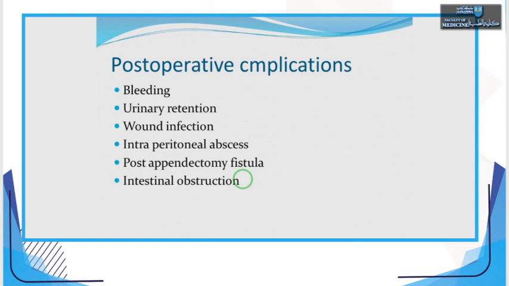Intraperitoneal abscess, this is a catastrophic postoperative complication, and it should not happen, especially if you use a CT properly before diagnosis, because the CT indicates the presence of the abscess cavity, which should be drained.